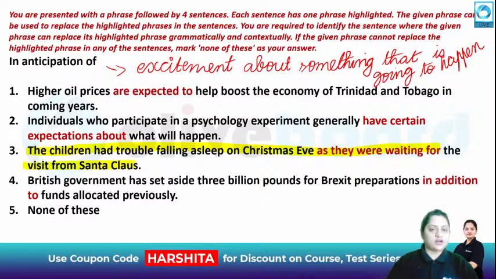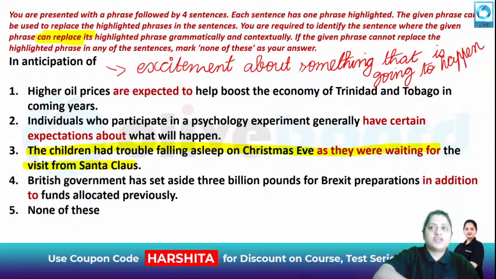No, Manvi, it cannot replace. Where the given phrases can replace, you have to mention where. Only in 3. It is a neutral word, excitement about something that is going to happen, usually used for positive cases.